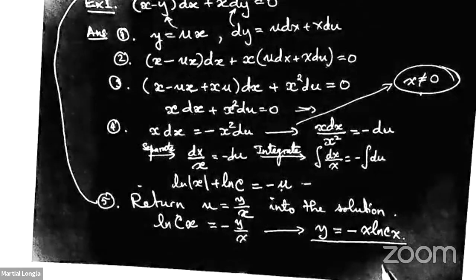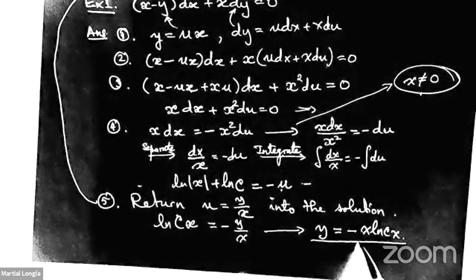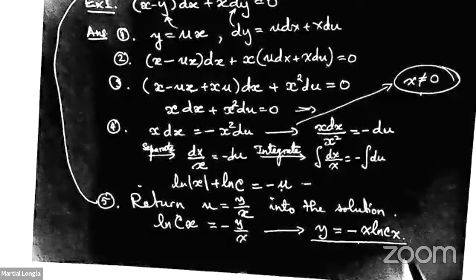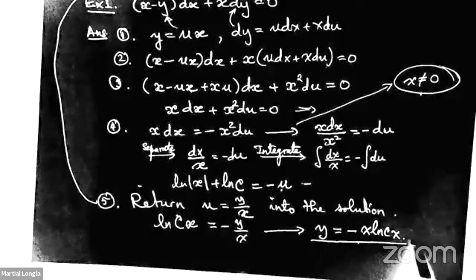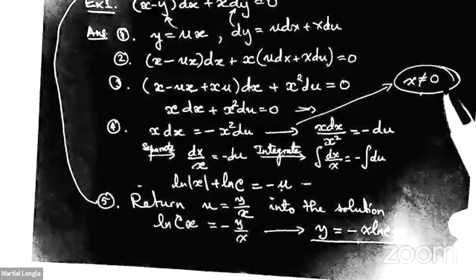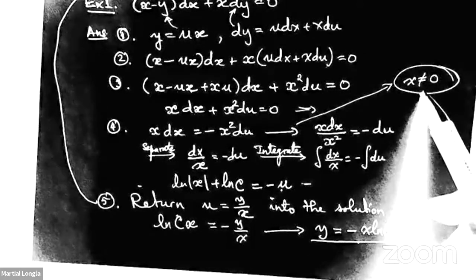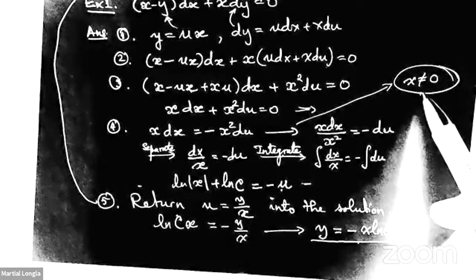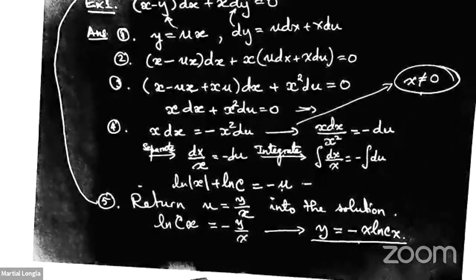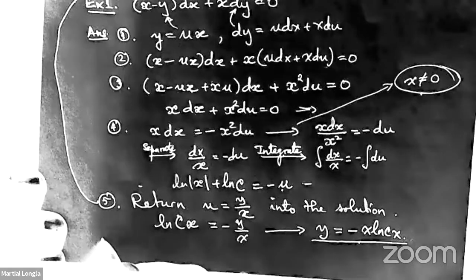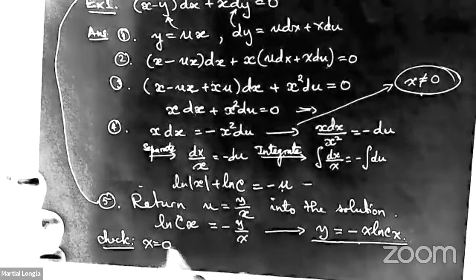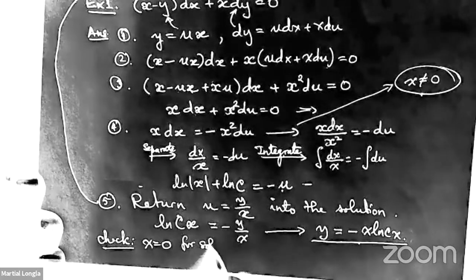And now, in the final answer that we got here, we see that technically the solution x equals 0 is also excluded. It's not part of this. x equals 0 is not a solution here. So we need to go back and check this solution that we excluded to see if it's also a solution. So here, check x equals 0 for solution.